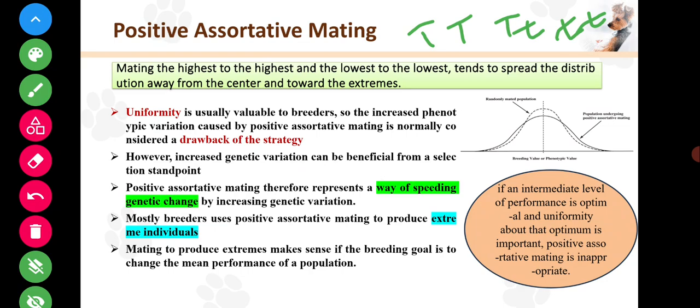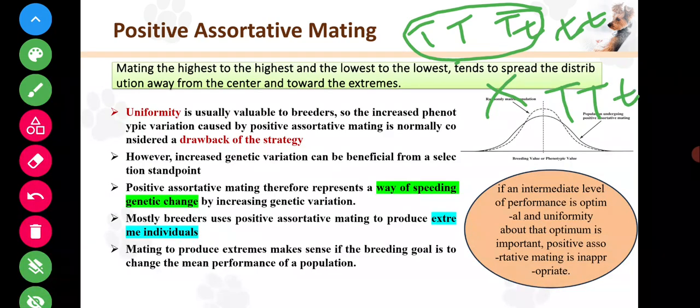Suppose we are trying to mate two individuals with similar phenotype. If we are taking the best animals, these two will be phenotypically similar, so they may get mated: capital T capital T with capital T small t.